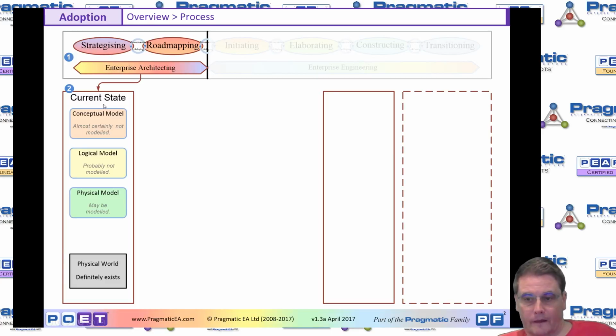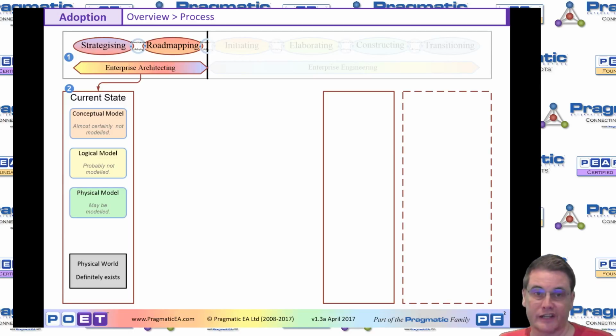So, the process I'm going to explain here is essentially the same process that we would use for maturing or changing any part of the organization. We'd understand what that part of the organization did, we would model that part of the organization, then we would figure out a target state and some intermediate states that we want to go through in order to figure out physically how we're going to make those changes.